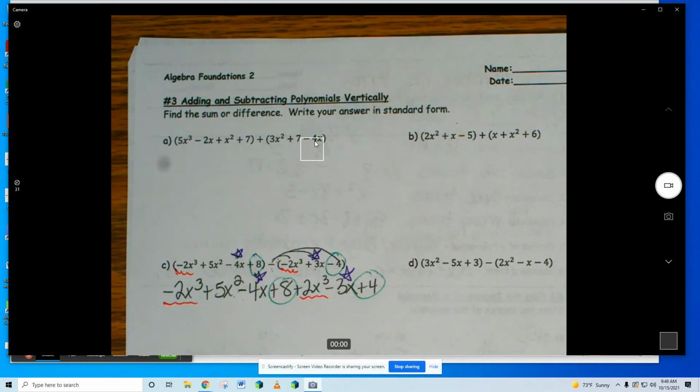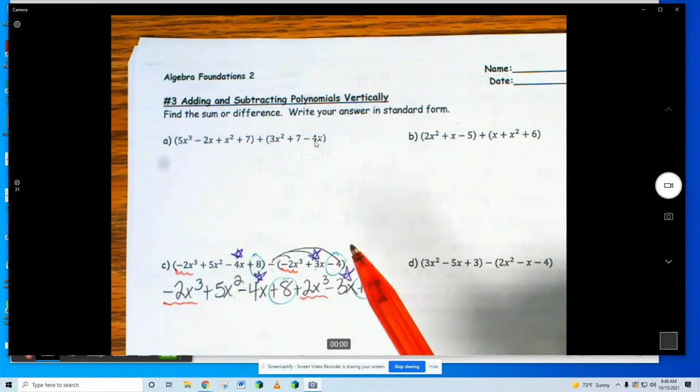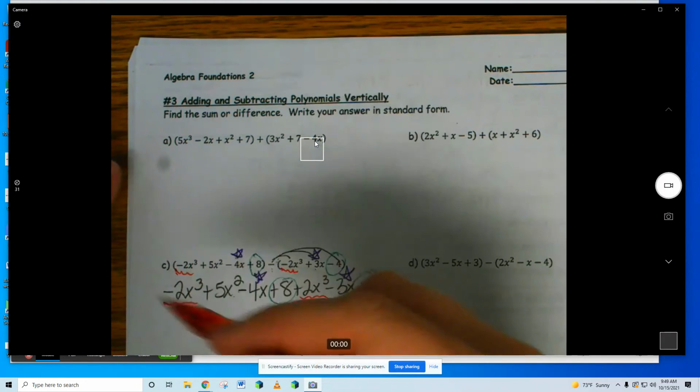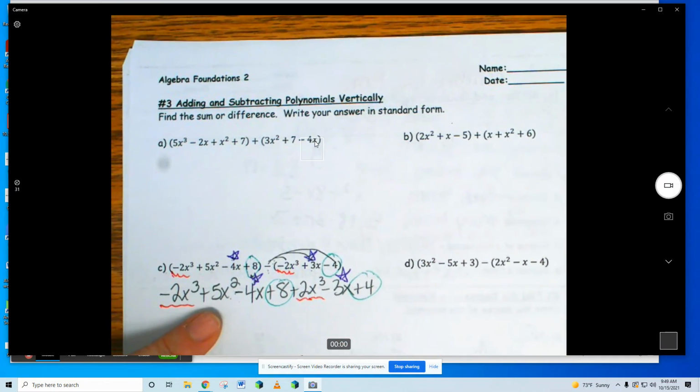So I'm going to do the reds. Then I'm going to write the 5x squared all by itself. Red first. Negative 2x cubed plus 2x cubed. It cancels out. Nothing. 5x squared is all alone.